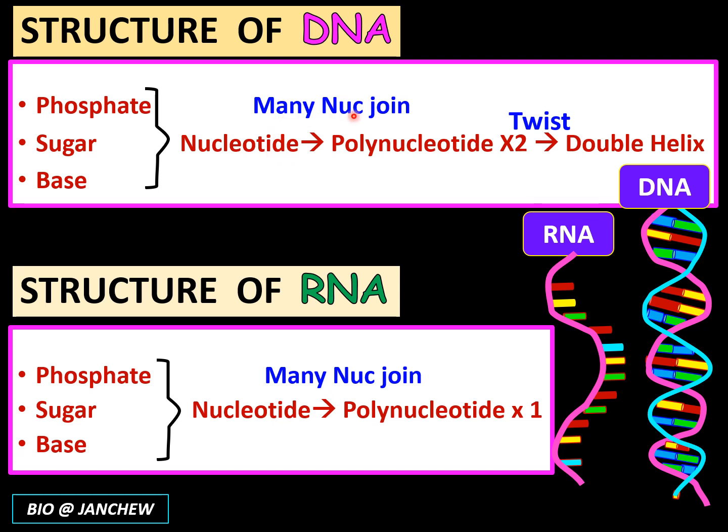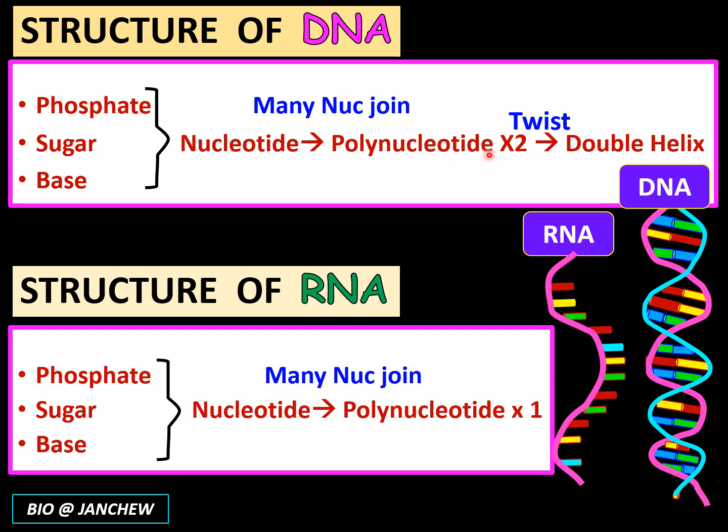Next, when many nucleotides join together, now I just write the short form of the word. Of course, you can't spell it like that in the exam, but it's okay because these are short notes, right? So many nucleotides join together to form a polynucleotide chain. Okay, like one of these, like a pink chain here, or strand.